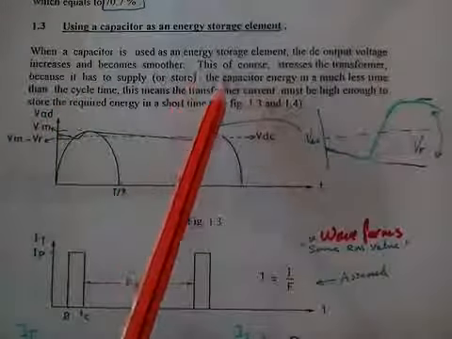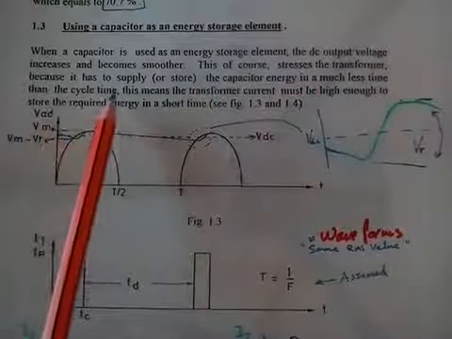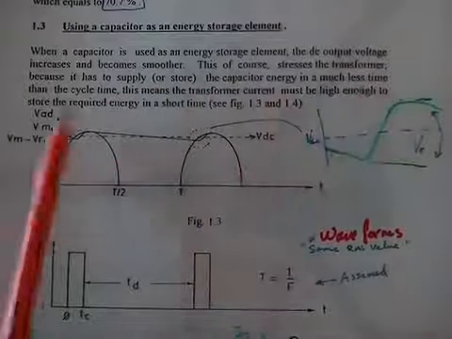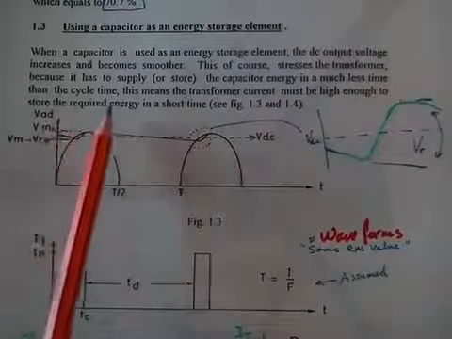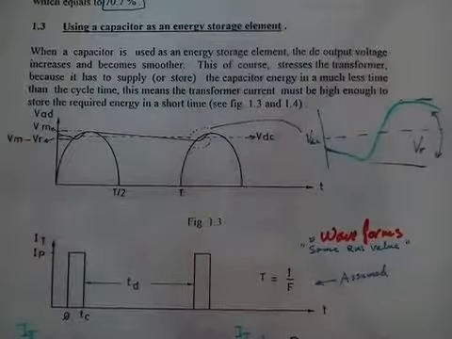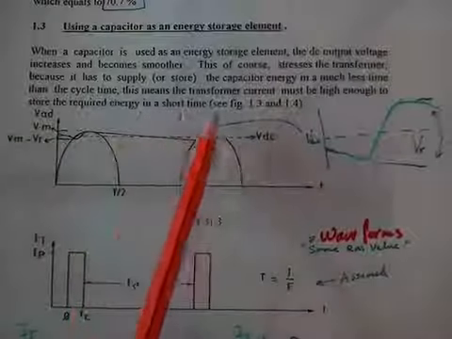This, of course, stresses the transformer because it has to supply or store the capacitor energy in a much less time than the cycle time. This means the transformer current must be high enough to store the required energy in a short time.